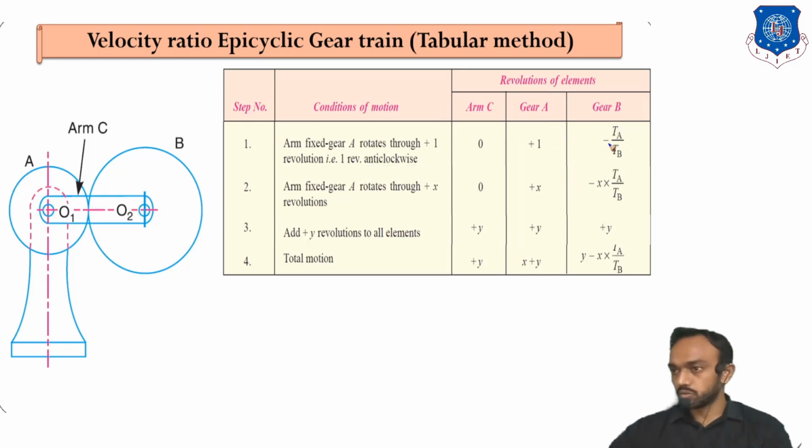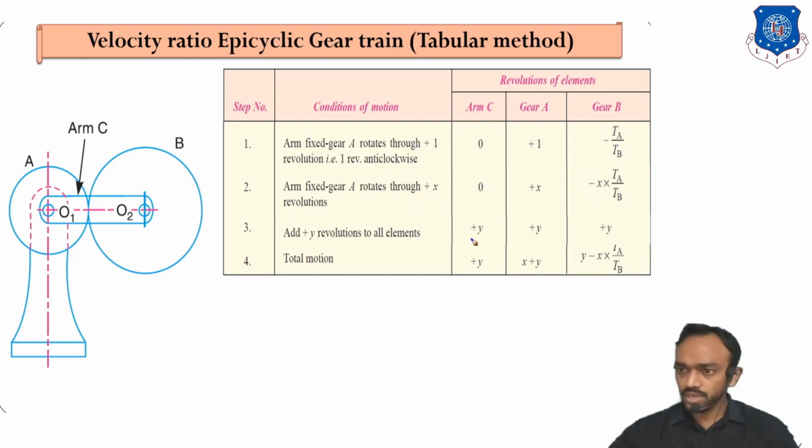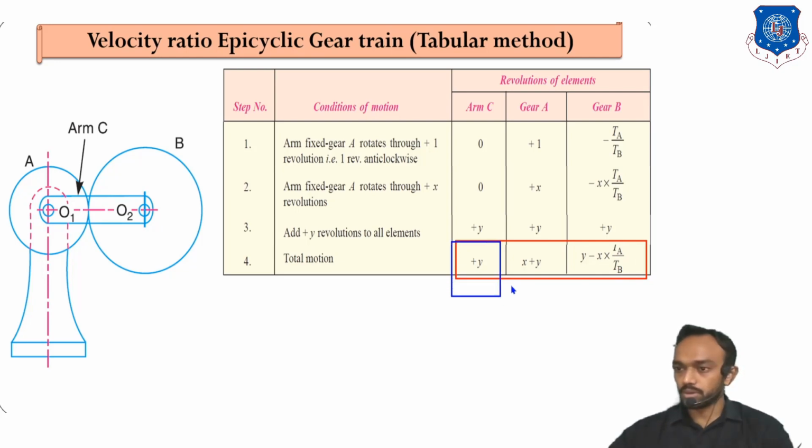That's why the minus sign is taken here, because our assumption is +1 anti-clockwise direction, and here plus x revolution, but it is also anti-clockwise. After that you have added plus y in all columns, and you will find this is the main output of our table.